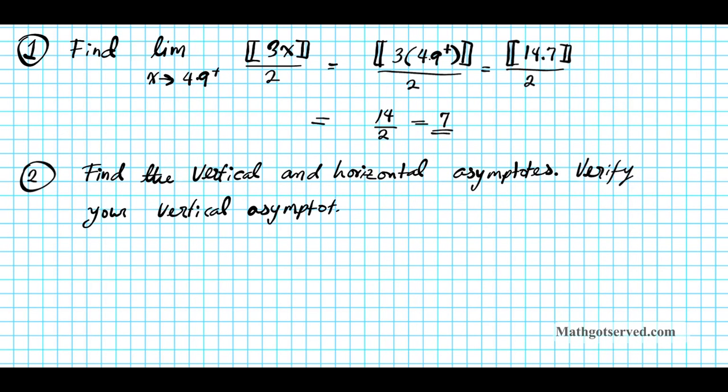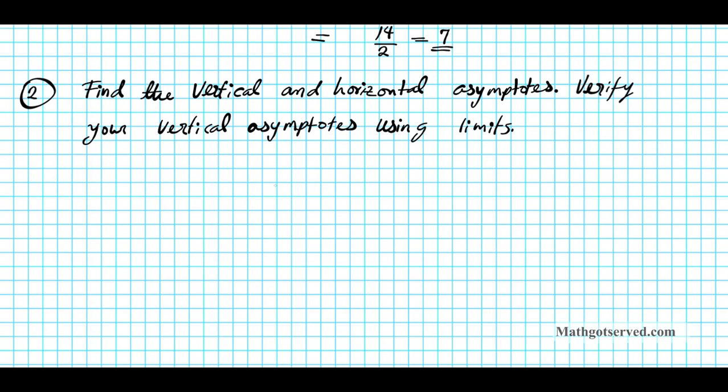Okay, and the function under consideration is f of x equals the square root of 8x to the 6th minus 4x to the 4th, and that entire expression divided by x to the 3rd minus 2x.